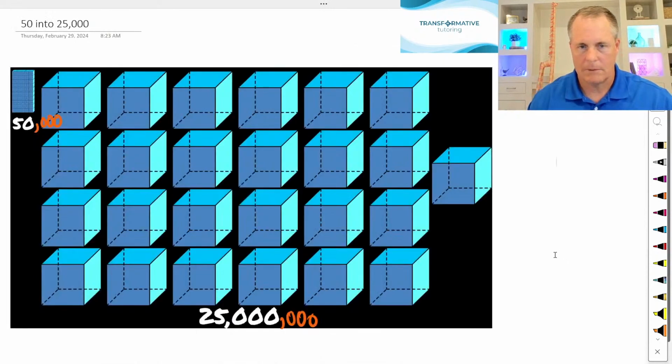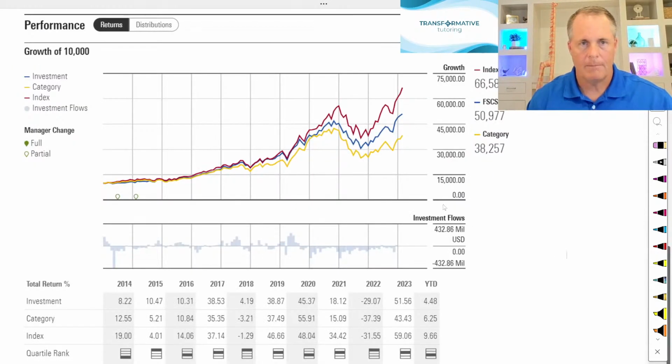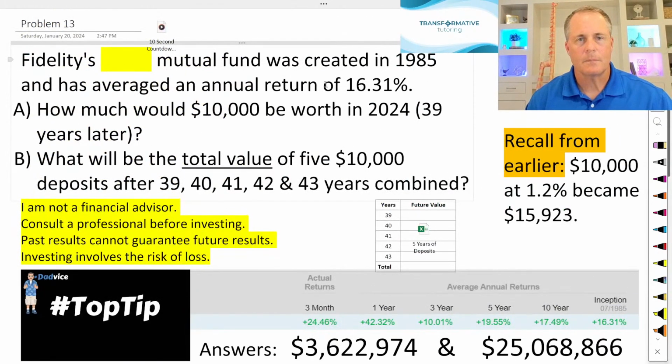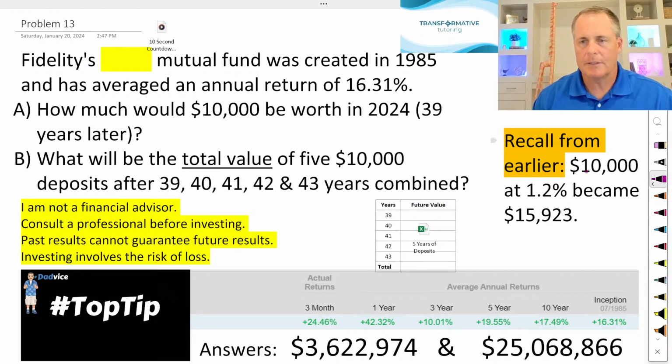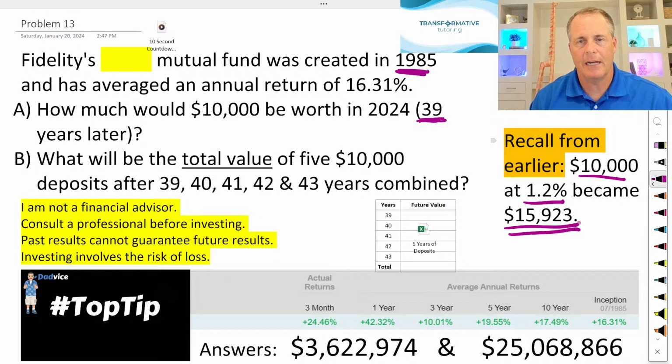Okay, there we are. I looked at the history of it, and it was created 39 years ago in 1985. So that's why in that earlier problem we did 39. We took the $10,000, we earned 1.2%, and it became $15,000 39 years later.